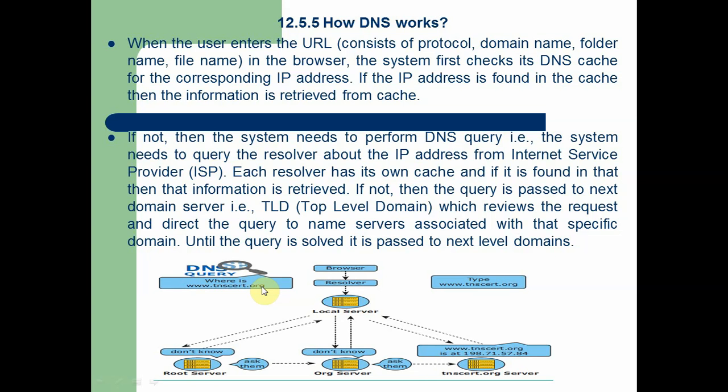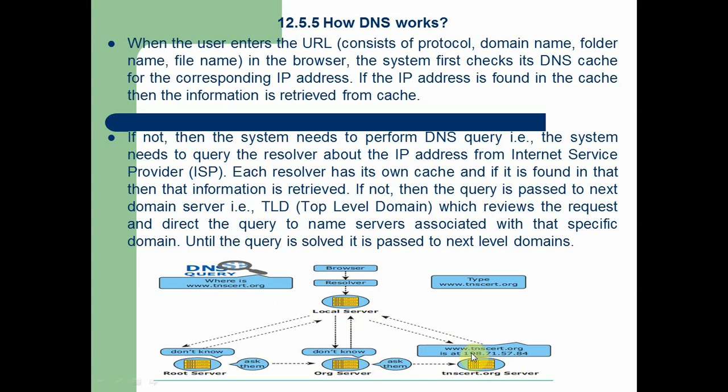If the root server returns an I don't know message, then the local server moves to the next server, called the org server, and asks for the details about the tnscrt.org website IP address. If the local server receives a don't know message here also, then it moves to the next server.